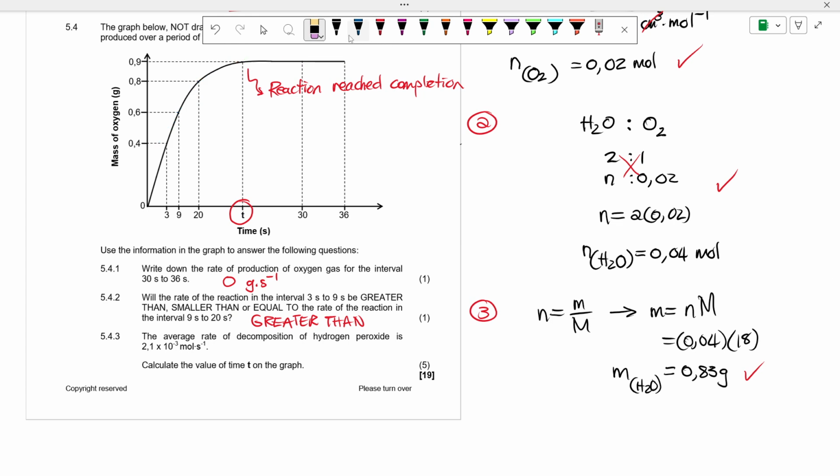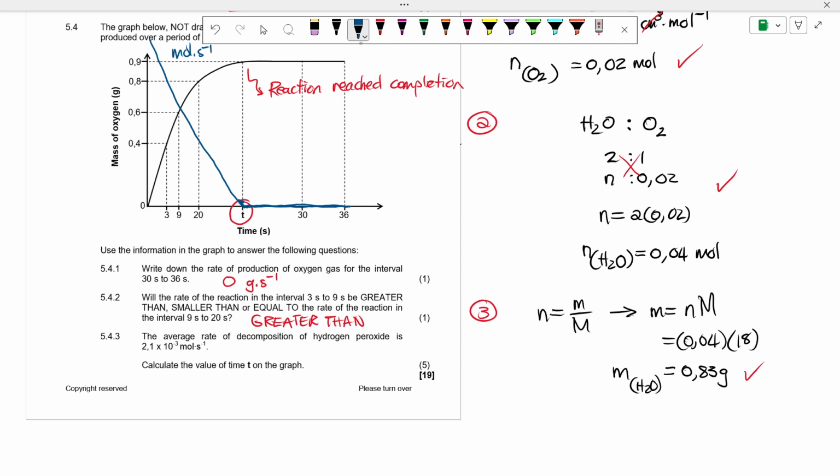So if I just on the same graph draw the rate of decomposition of hydrogen peroxide, it will look more like this. So hydrogen peroxide goes down at T, then it's finished. So it's now flat on 0. But that is in terms of moles per second.